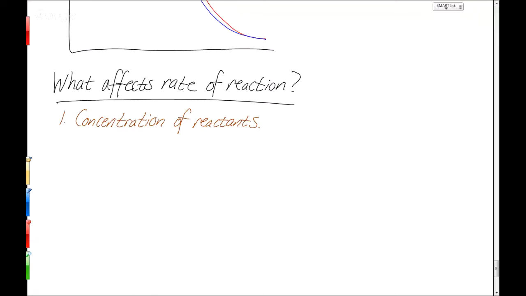This is all about molecules bumping into each other in exactly the right way. So the more you can increase that possibility of that happening, the more you increase the rate. So if you put higher concentration in there, that means you've got more stuff bumping into each other, and that's going to increase your rate.